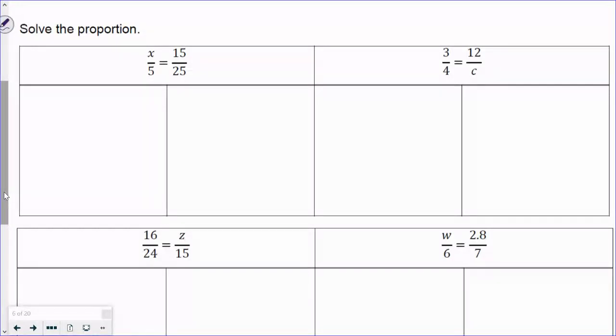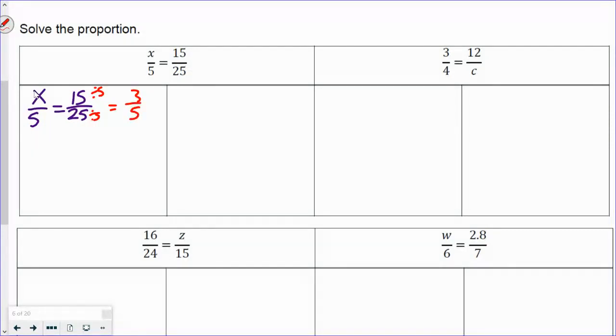When we look at this, sometimes we are lucky that we see they have a common denominator. So when I look at 15 and 25, their greatest common factor is 5. So if I divide both by 5, what do I get? Well, I get 3/5.